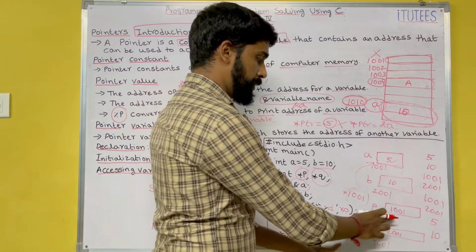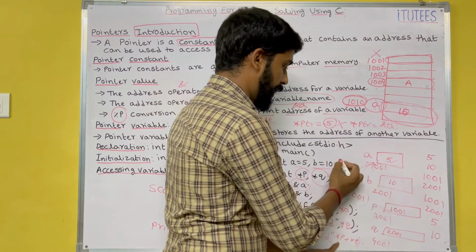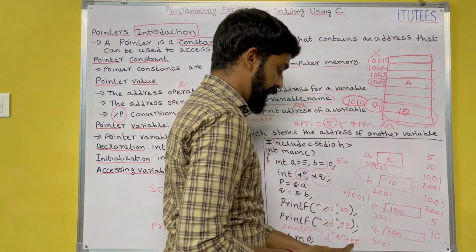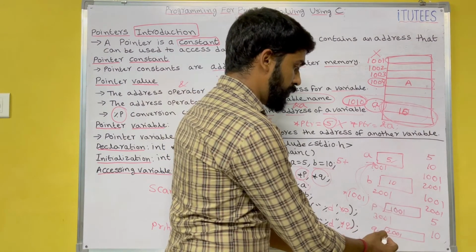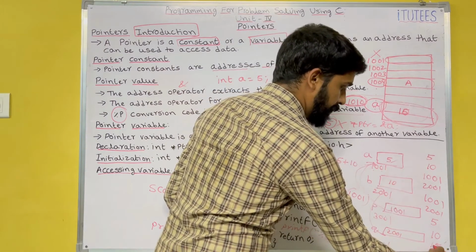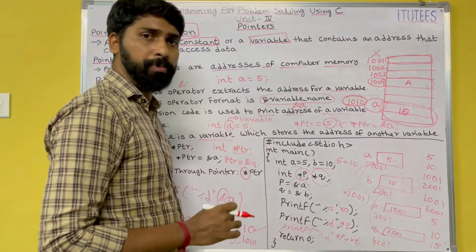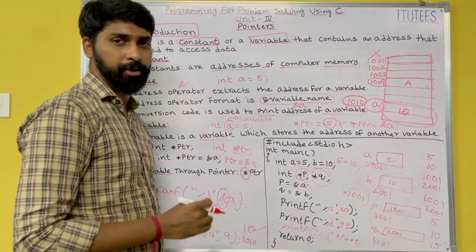What is p? 1001. Asterisk p means dereferencing to a, so 5, plus asterisk q. Dereferencing 2001, it is 10. So 5 plus 10, 15 is the output. I hope you all understand pointer constant and pointer variable.